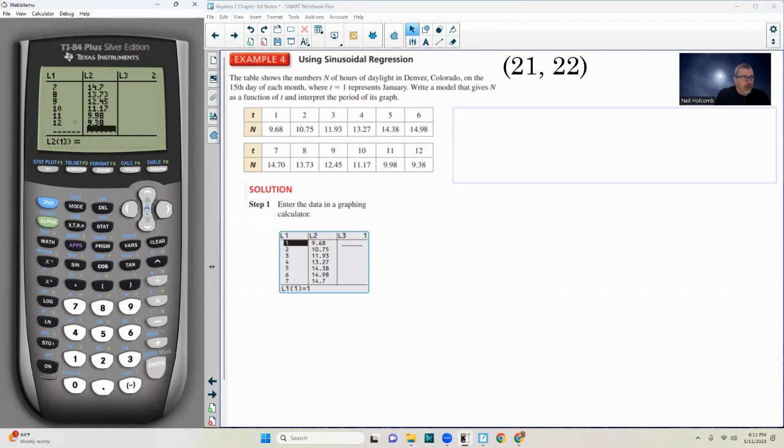Okay, make sure you have 12 in both columns or you get an error mismatch. We've entered all of the data into the calculator. That is step 1. Step 2 is make a scatter plot.